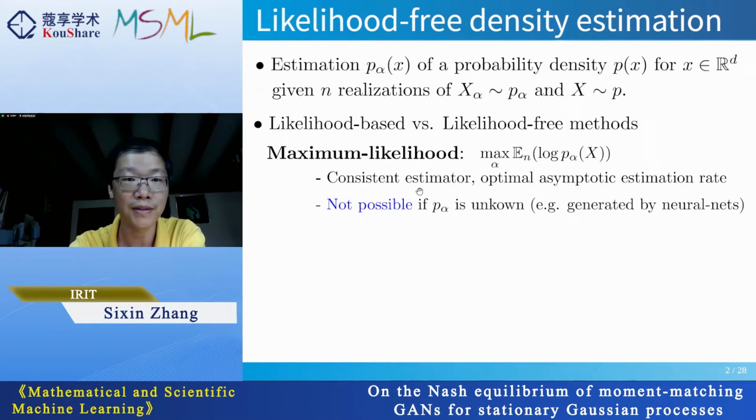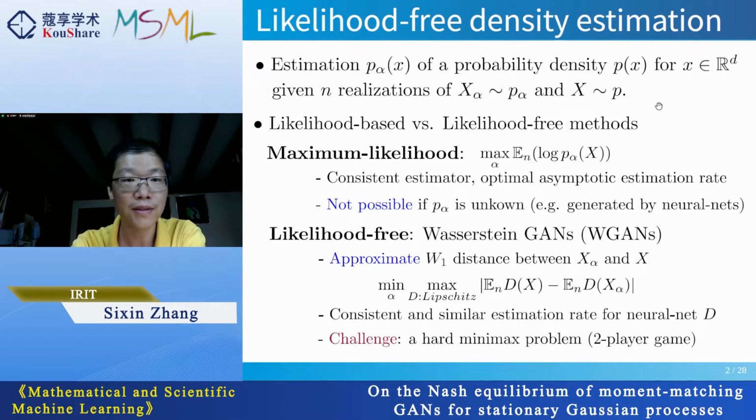We know that there are many theoretical consistency results, and there are asymptotically optimal rates. The trouble is, in certain cases P alpha cannot be evaluated, such as when it is generated by neural networks, and then we need to move on to other ways to estimate an optimal approximation of the density P from P alpha.